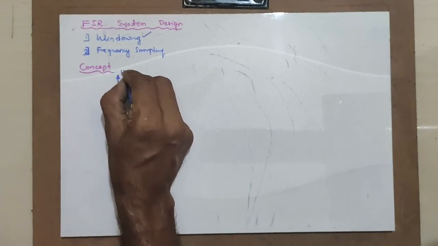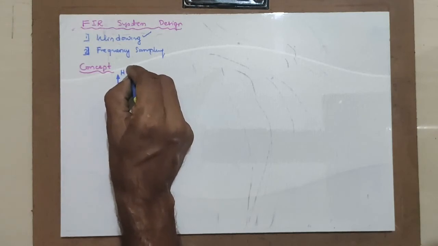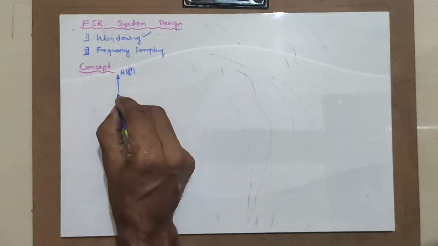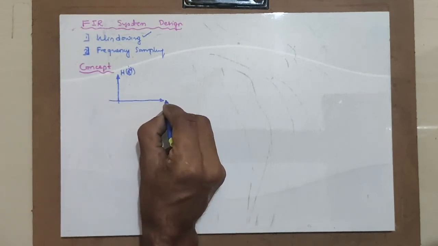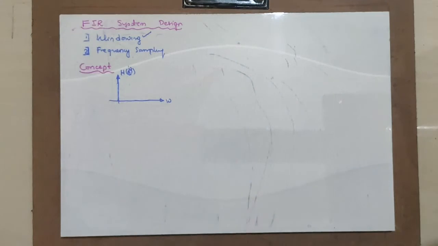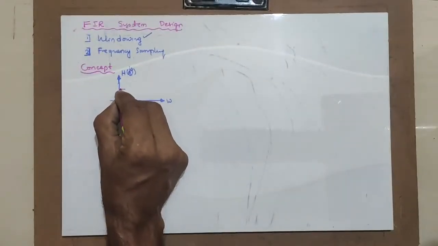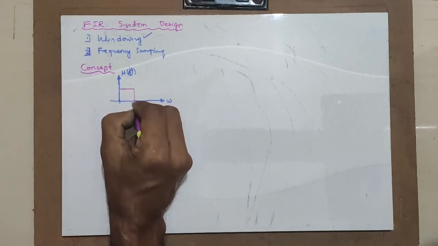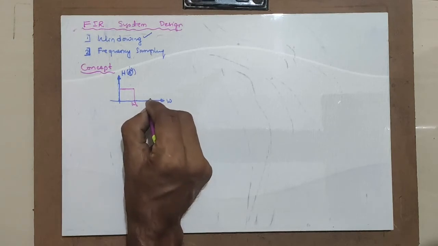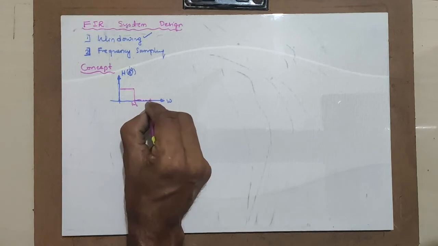Say this is H of e raised to j omega, with respect to omega, something like this. That means it passes till critical frequency omega c, and from omega c to pi it will not pass. This is how the frequency response of the filter will be.